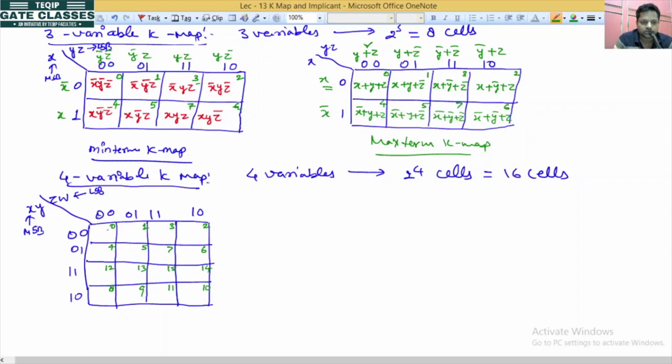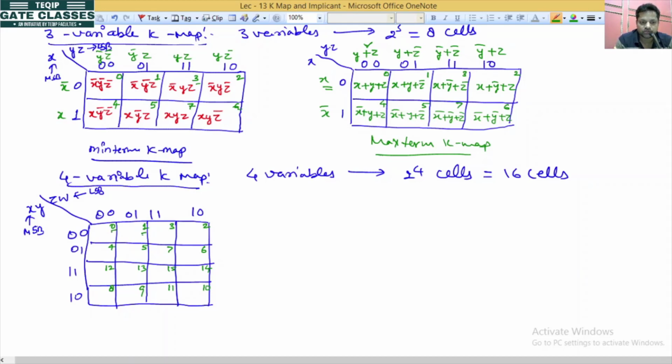So what we have learned here is that whenever you are moving from left to right, you have to jump the third column, and when you move from top to bottom, you have to jump the third row, to write the decimal number.